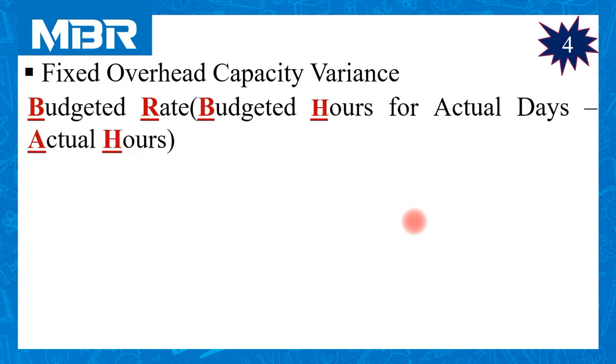Formula: budgeted rate into bracket budgeted hours for actual days minus actual hours, BR (BHAD minus AH). Here information of days is not given and we need to calculate budgeted hours for actual days. So without the information of days, it is not possible for any student to calculate budgeted hours for actual days. And that is why this variance is most important for you.